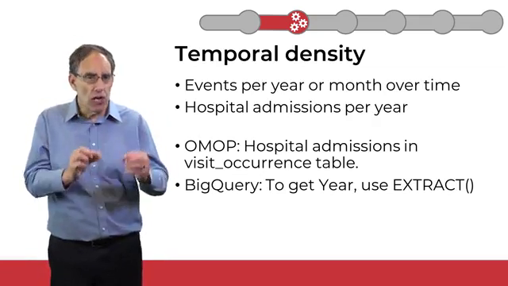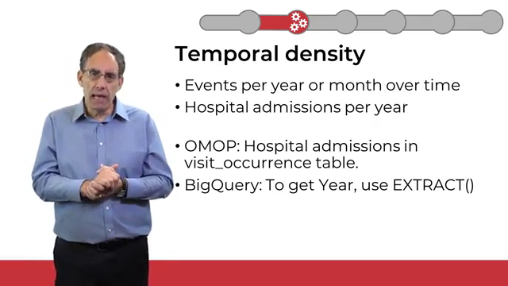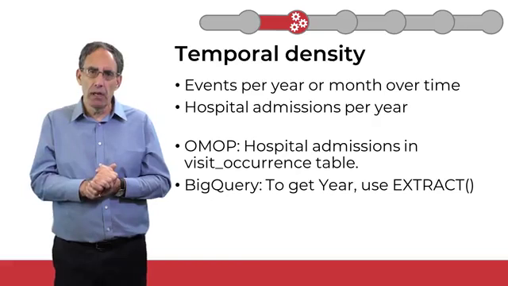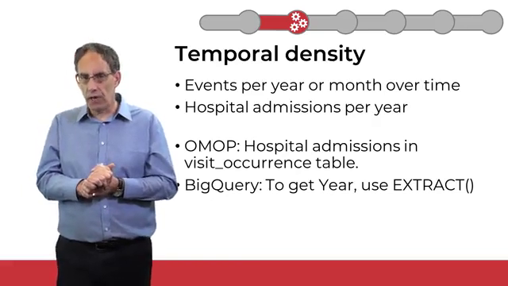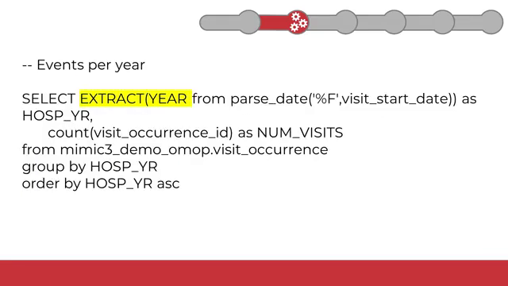To extract just the year value from a date field in BigQuery, we will use the extract function. This is the SQL query that provides the number of admissions per year. The components of the extract function that provides the year are highlighted in yellow. The query includes an order by clause that will list the years from earliest to latest.